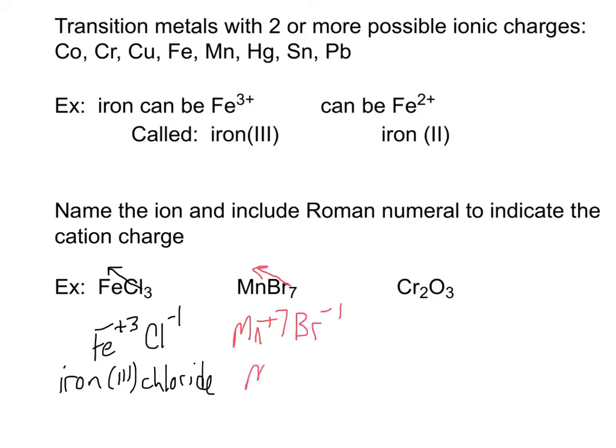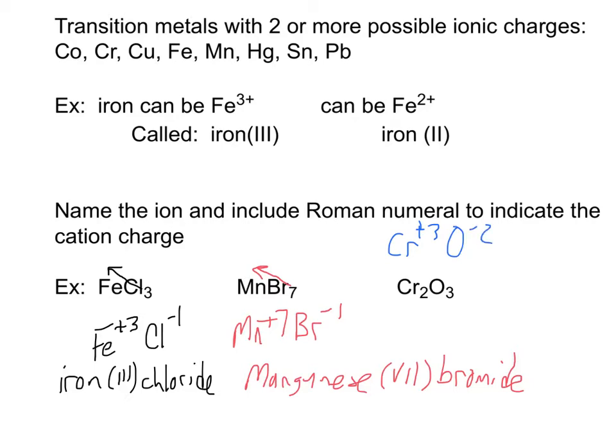So there we have it. That says manganese, right? Yeah, close enough. 7, VII, bromide. And then the next one is the last one of that group. It's Cr2O3. And this one, again, you can do the reverse crisscross, and you'll find it is chromium +3, O -2.